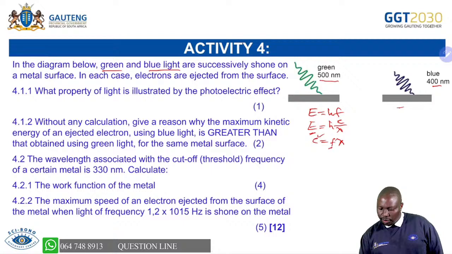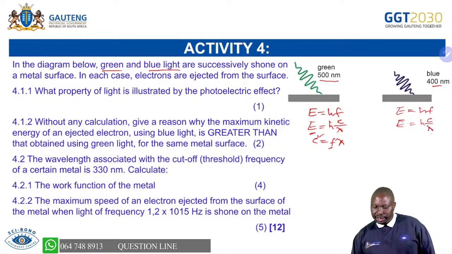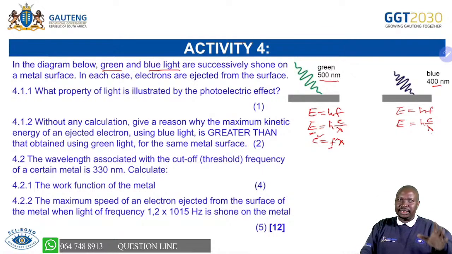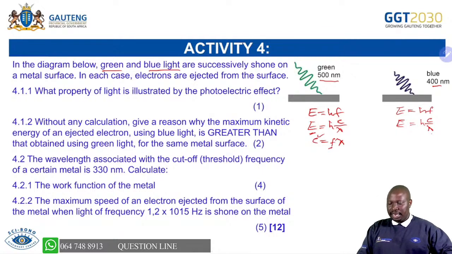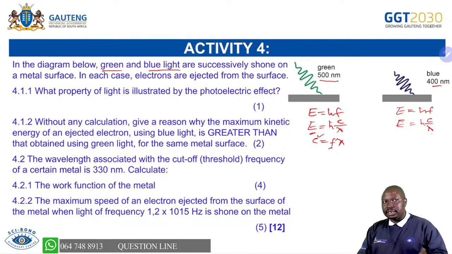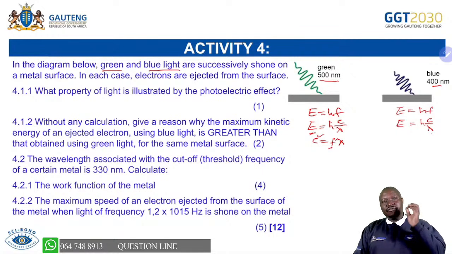So the same here, you can say E equals hf, and we know that E is the same as hc over lambda, and lambda is given as 400 nanometers. Don't forget how to convert nanometers to meters, which is times 10 to the power of minus 9. If it's micro, it's 10 to the power of minus 6. Pico, 10 to the power of minus 12.